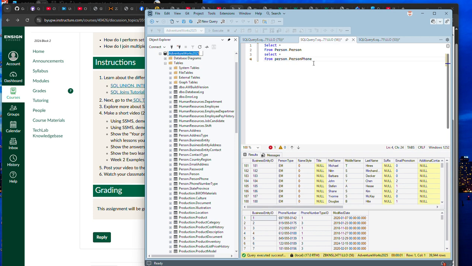When I run this query, I want to show you the elements of the Person.Person table.